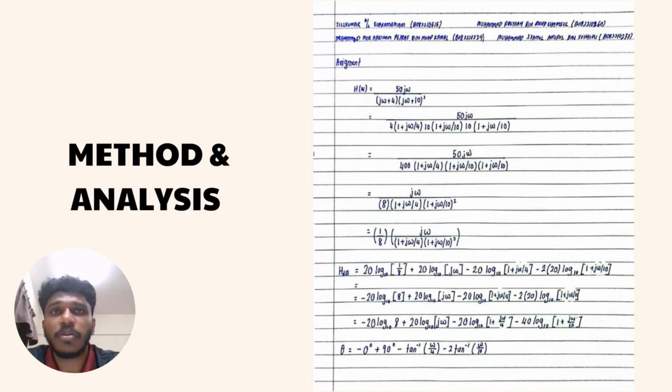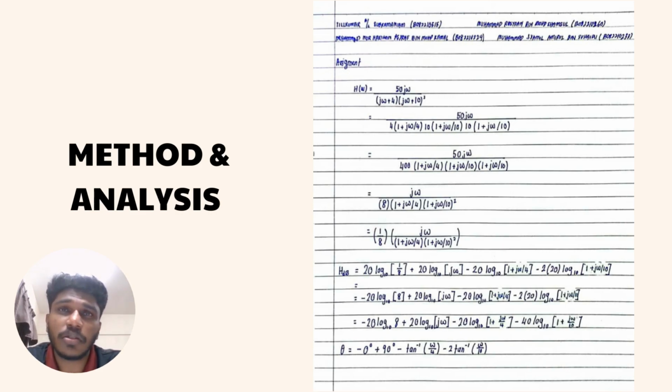When the negative 20 comes out, the fraction becomes a whole number, so it becomes negative 20 log 8 plus 20 log jω minus 20 log (1 + jω/4) and minus 2 times 20 log (1 + jω/10). Because there is a square on (1 + jω/10), the square comes in front, as with differentiation for the log.